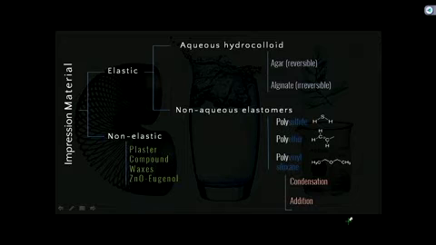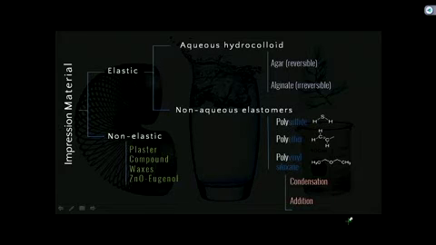The difference is, as it polymerizes, as the chains start to link up, in the condensation type, it releases a byproduct. That byproduct is ethanol. And then in the addition type, there is no byproduct. All the chains link up, and nothing else is a product of that reaction.